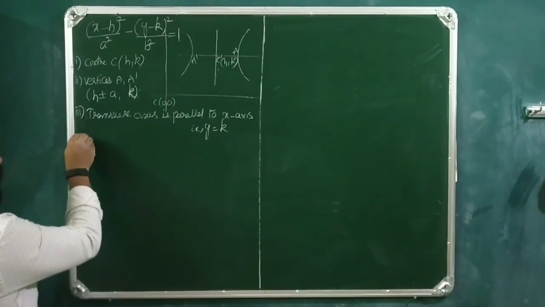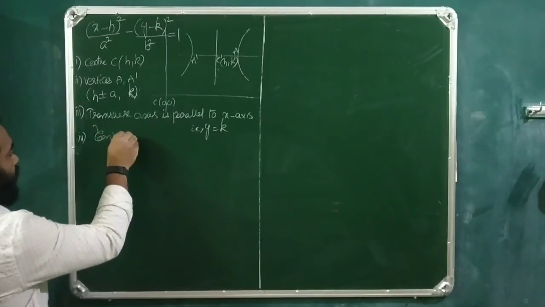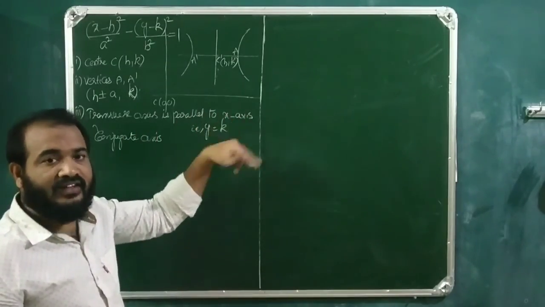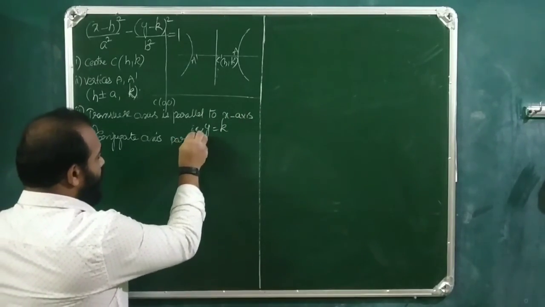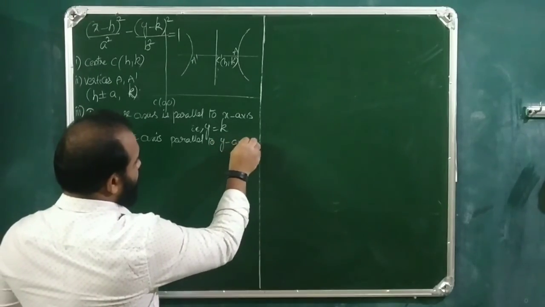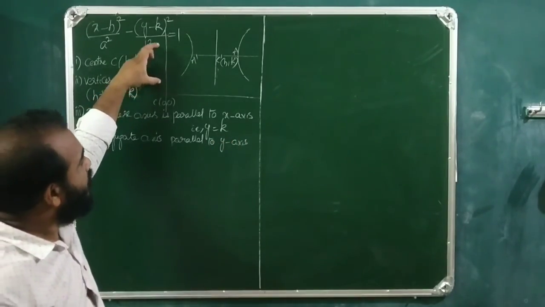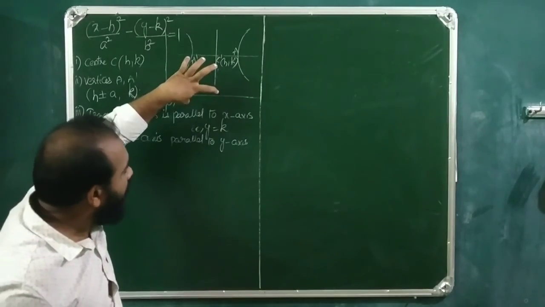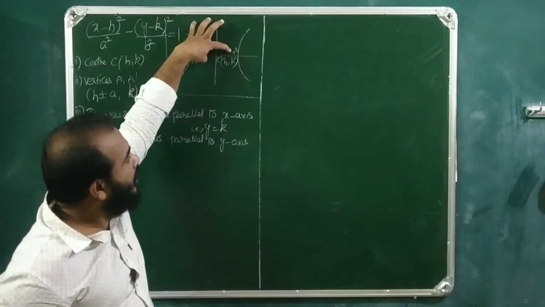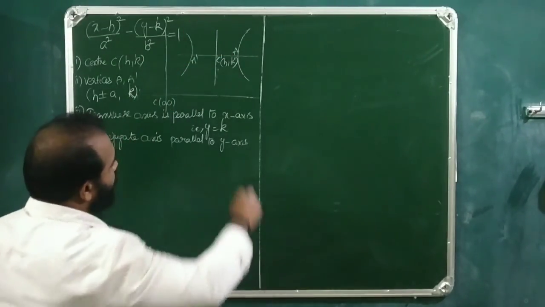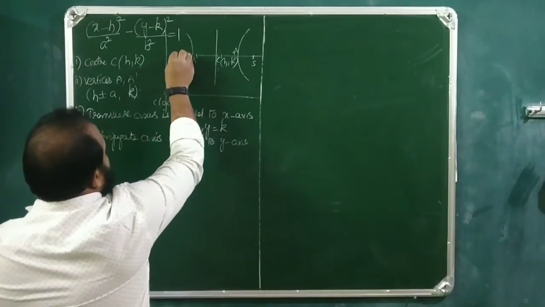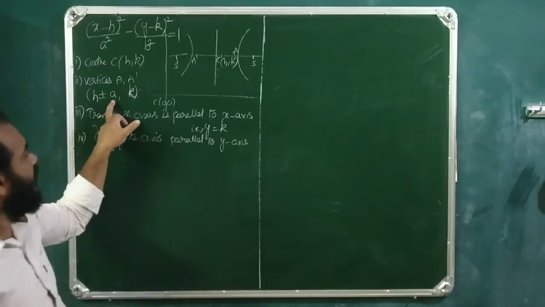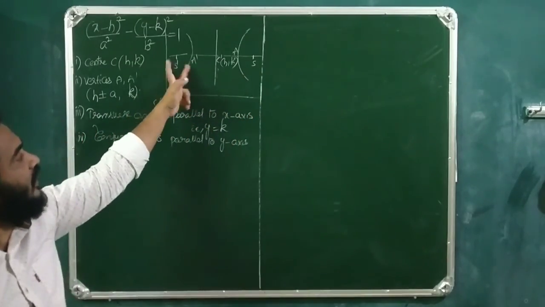Now the conjugate axis, earlier along the y-axis, x equals 0, is now parallel to the y-axis. So the vertices, as we have seen, are h plus or minus a comma k: h plus a comma k and h minus a comma k.